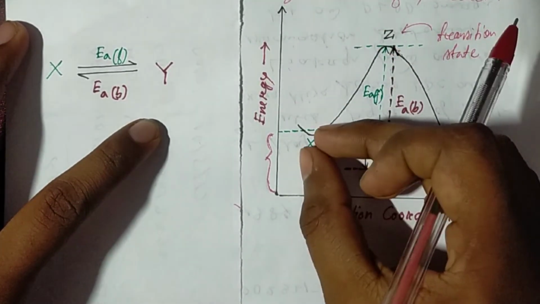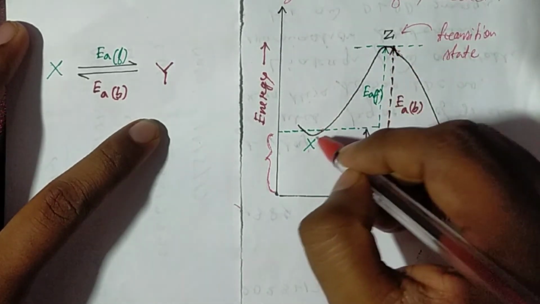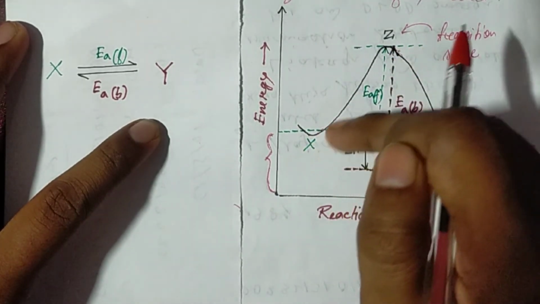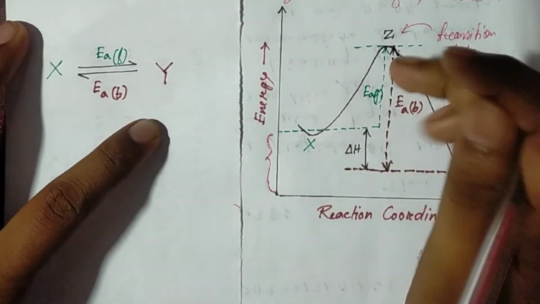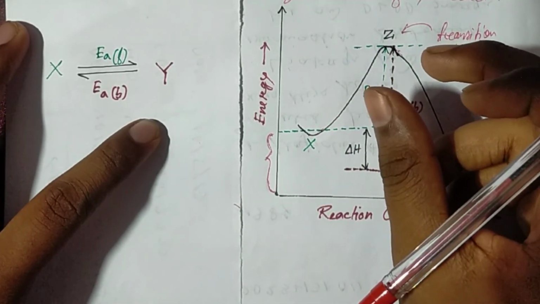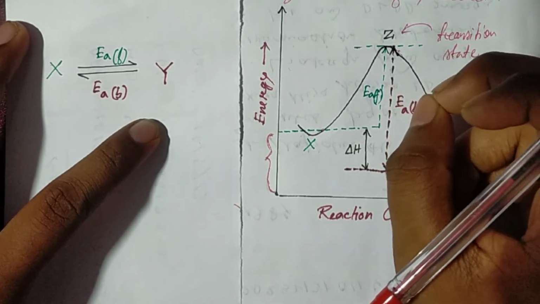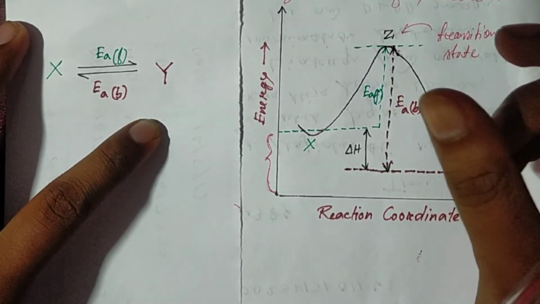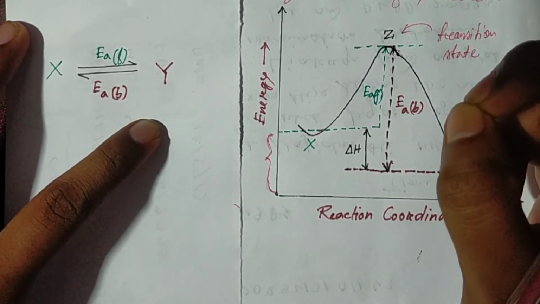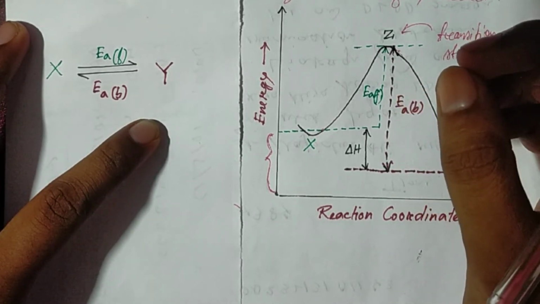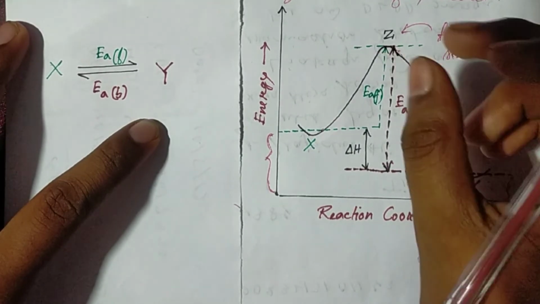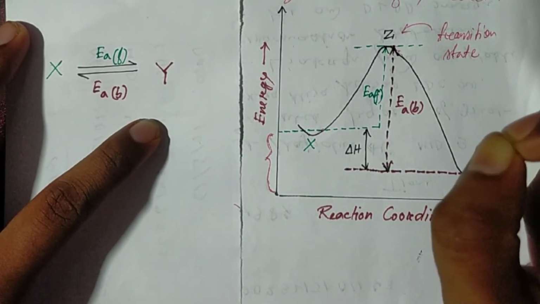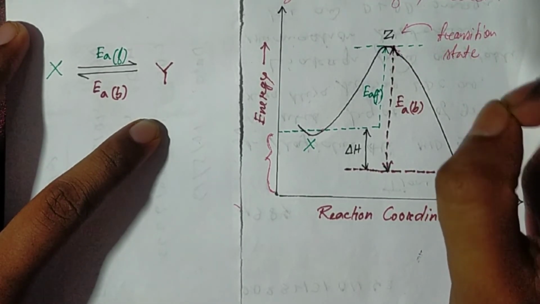At that state, when X comes through this transition state, the rearrangement will change, or the bond is going to break. At that state it will stay for a very short time.